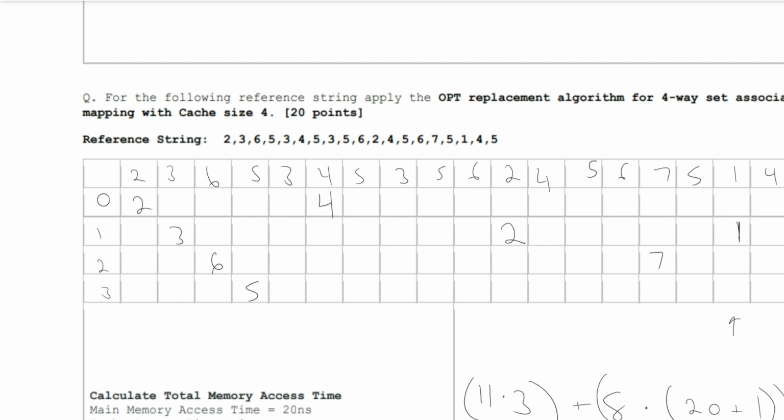Do we have to also include looking at the cache for the miss? No, the penalty is only when you miss, right? Yeah, we only get a cache penalty when we miss. Okay, I think this is what it should be.